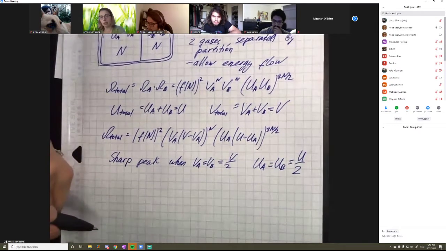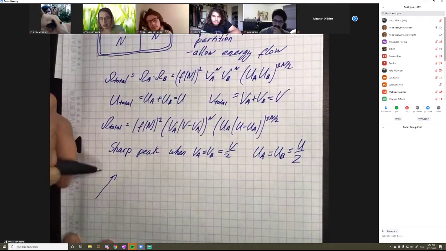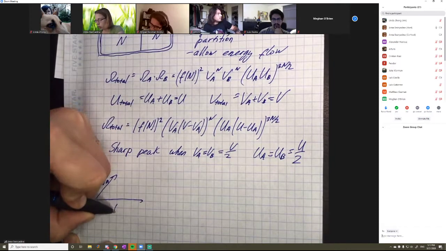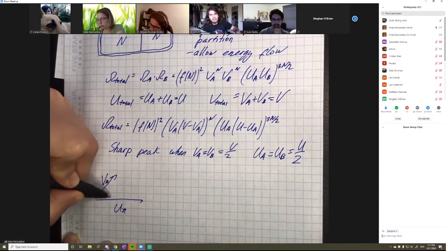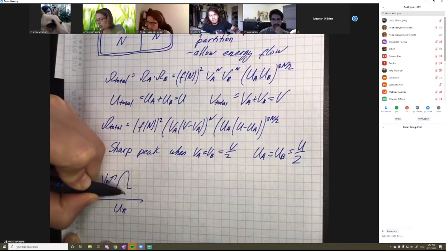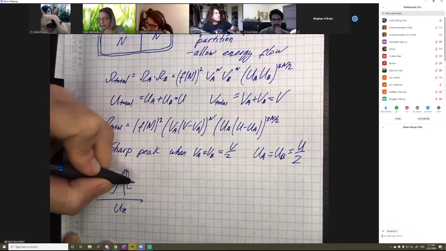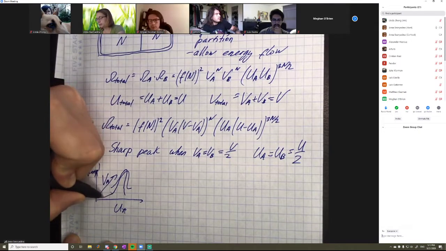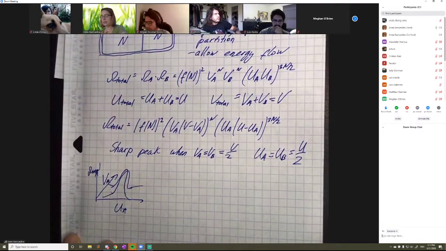So if we want to plot it down, we sort of have here our volume A, and this is our U of A. So we sort of have our peak in two dimensions, okay? Does it make sense?